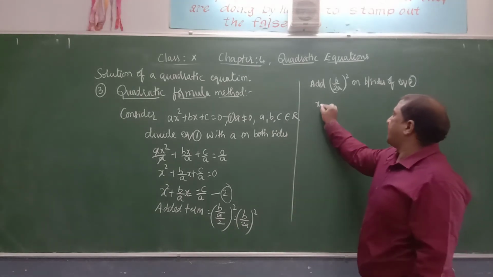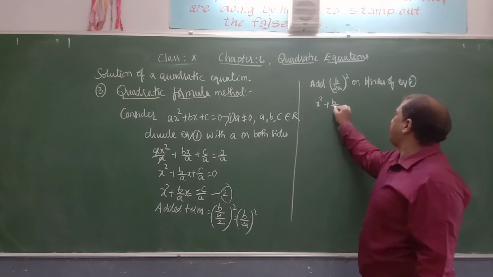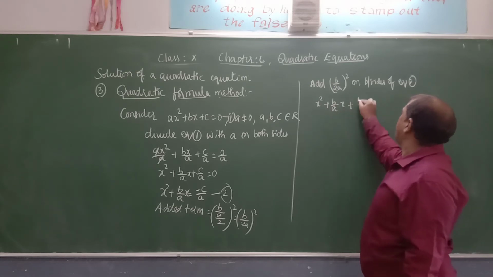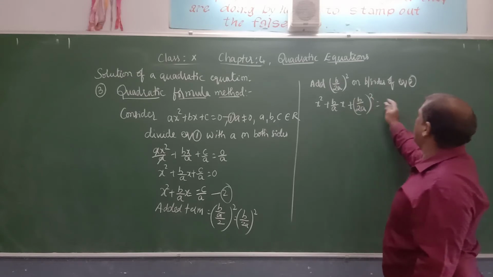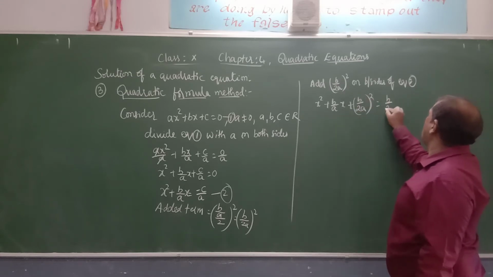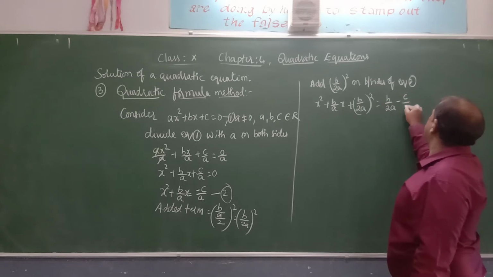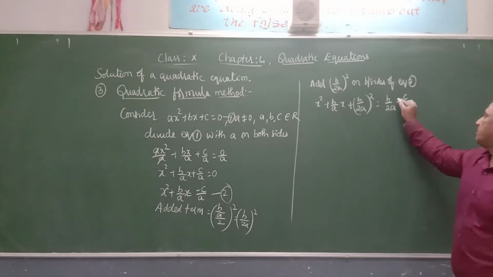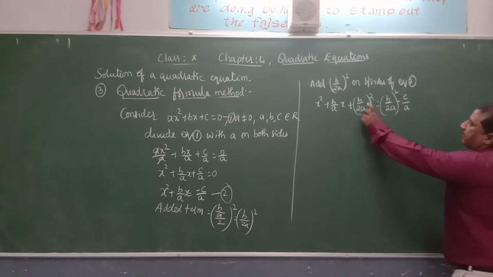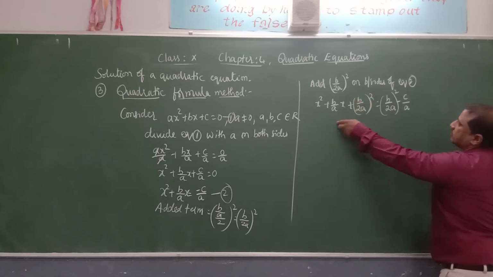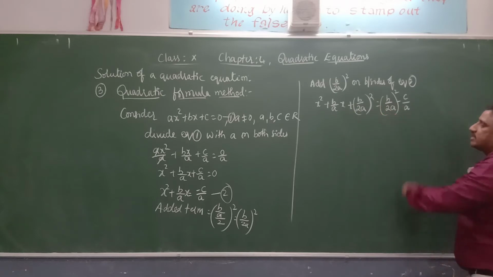That is x square plus b by a x plus b by 2a whole square equals minus c by a plus b by 2a whole square, since we are adding b by 2a whole square on both the sides.